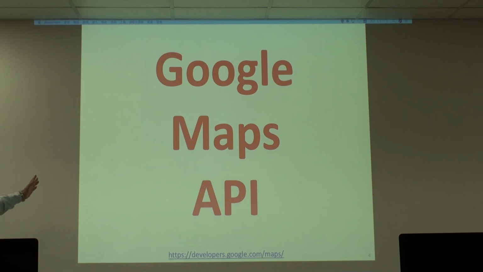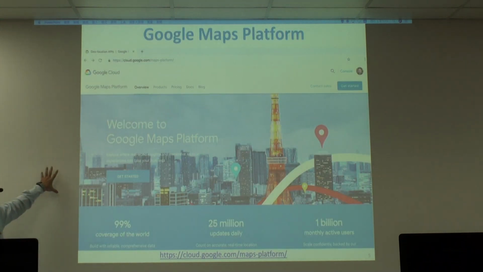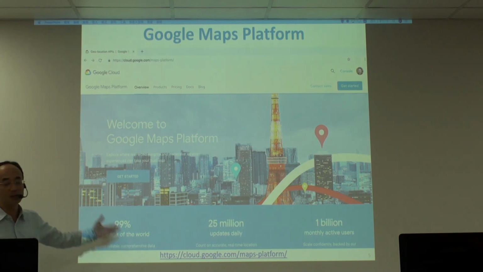Okay. So here is the Google Maps platform. Please visit the Google Maps platform first from your browser. Please type Google Maps API or Google Maps platform. You will see this page, looking like this.